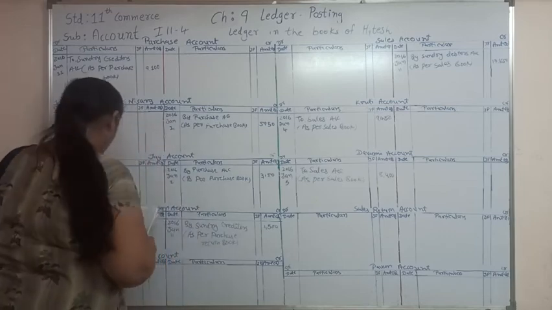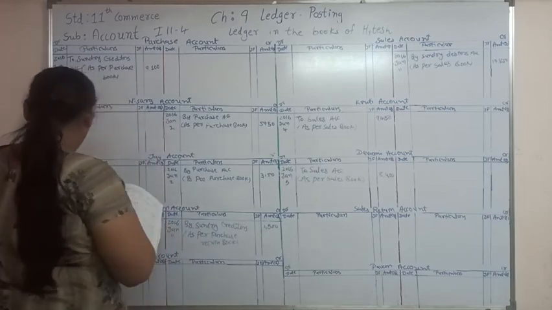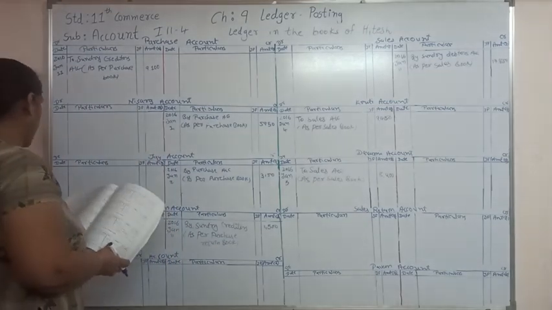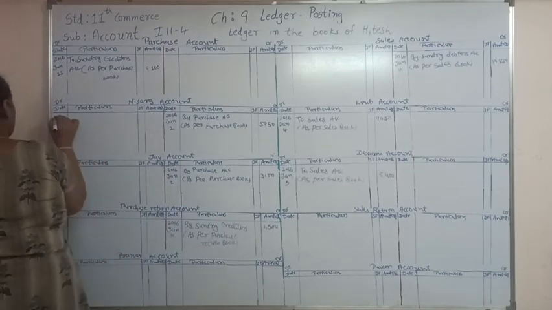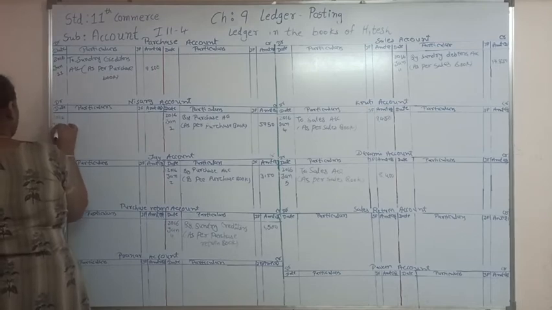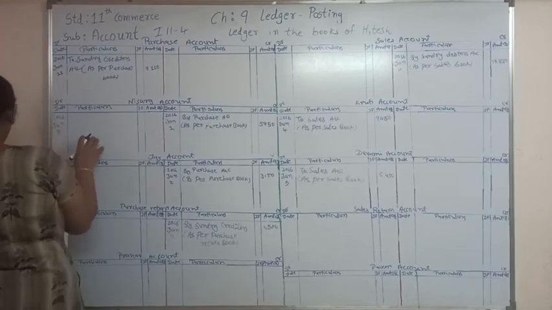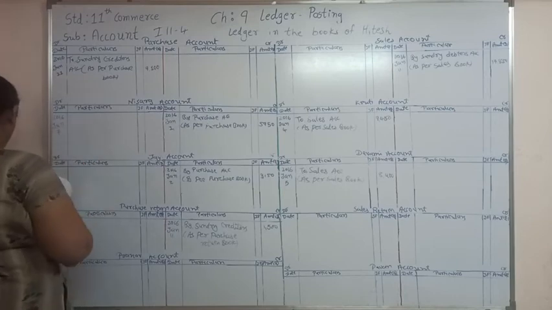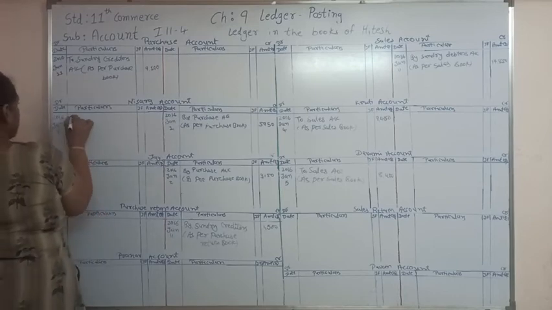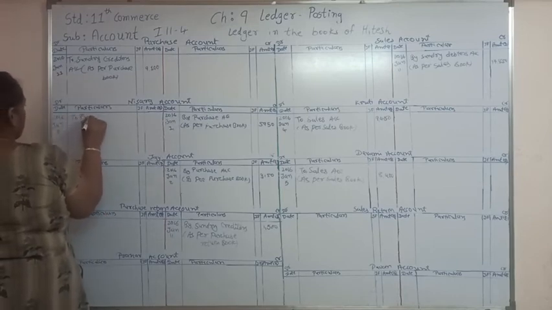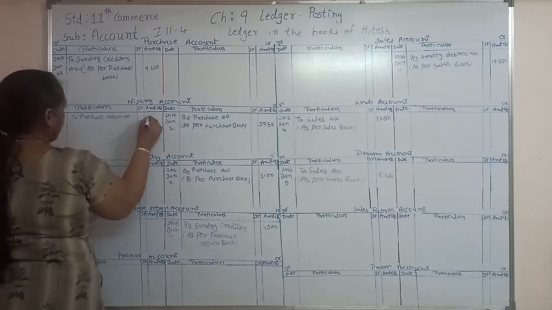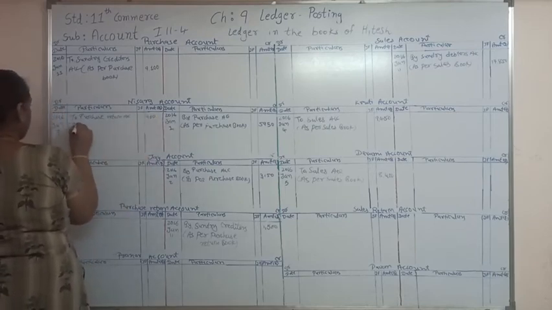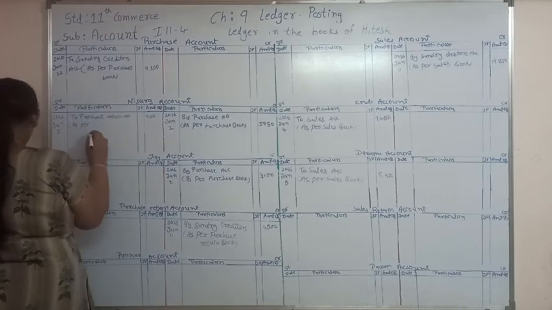Now the other entry will be for the 900 that we are going to write in Nisarg account on the debit side, 2016 January 7, to purchase return account, and the amount will be 900, as per purchase return book.